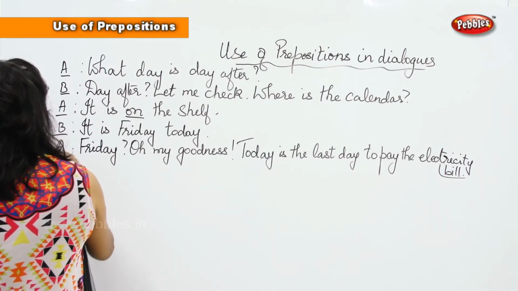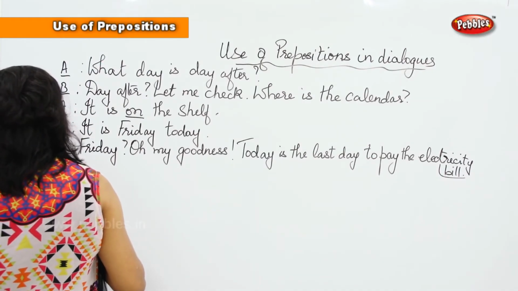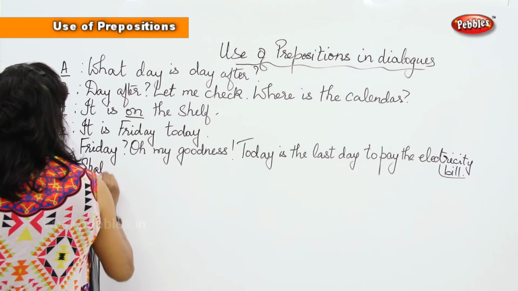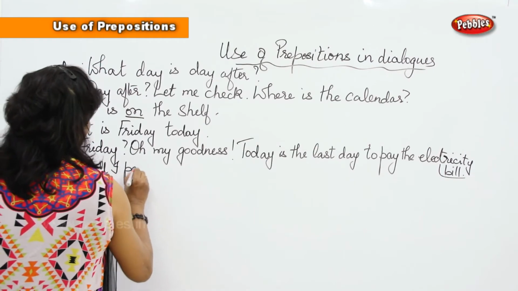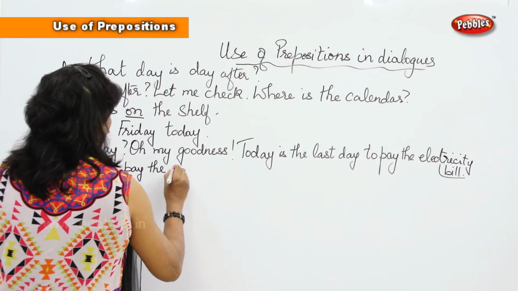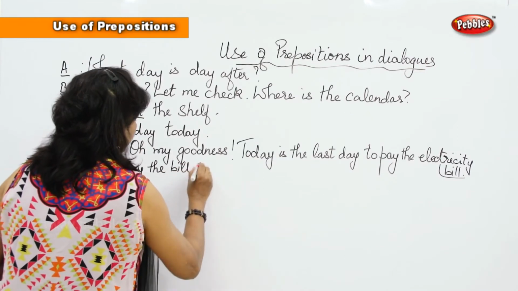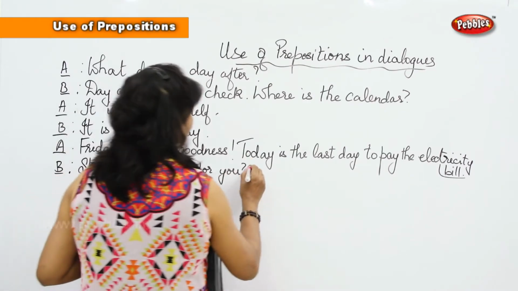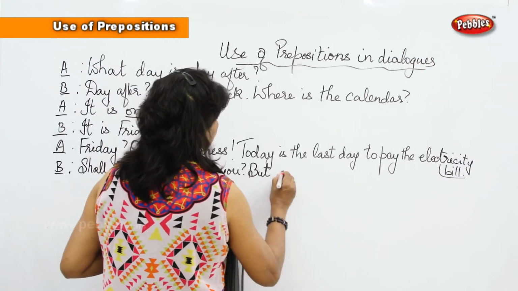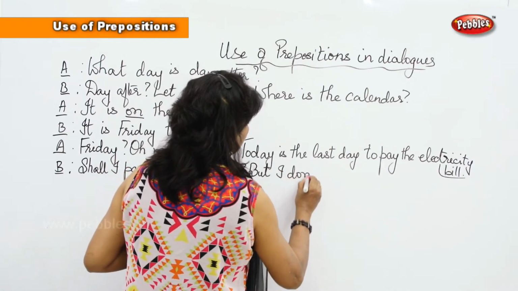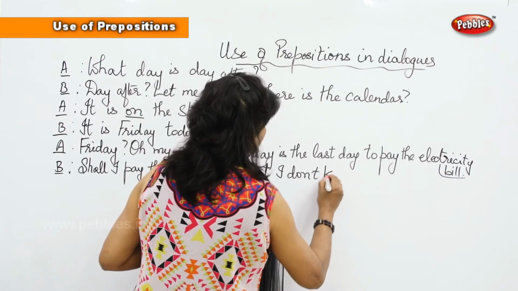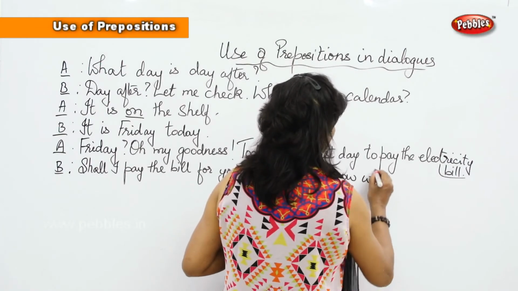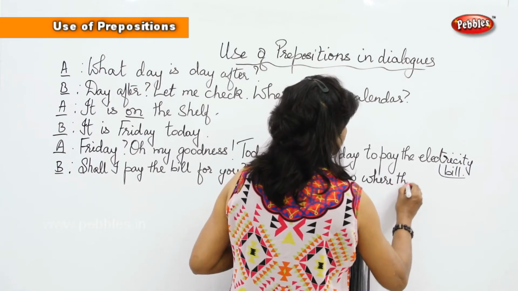B: Shall I pay the bill for you? But I don't know where the office is.